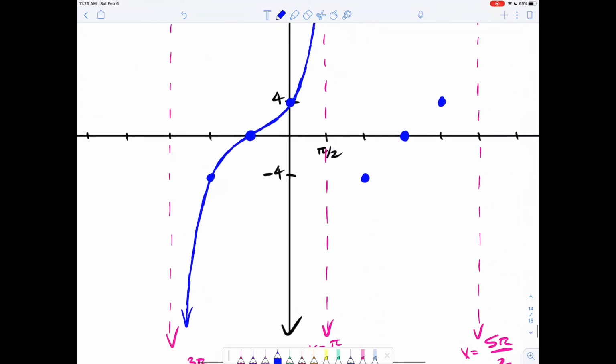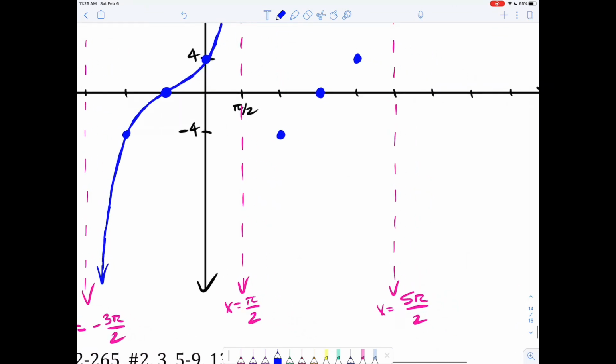So that's that first cycle. And let's draw another one, because we can. There's that. And it trends towards the asymptote on the left. And it trends, wait, I'm going to turn this upside down again.